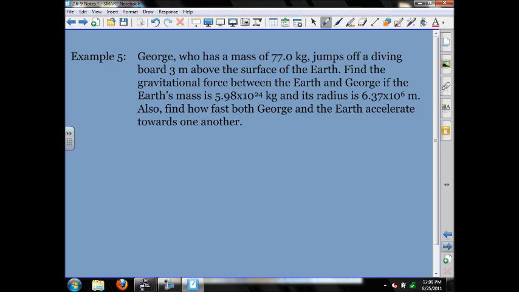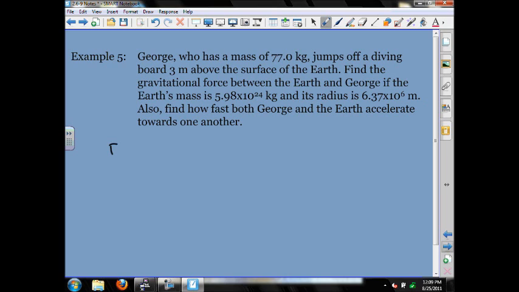We want to know the gravitational force between the Earth and George. We're given the Earth's mass and the radius of the Earth. Let's use Newton's universal law of gravitation, the formula that we just did, to find it.